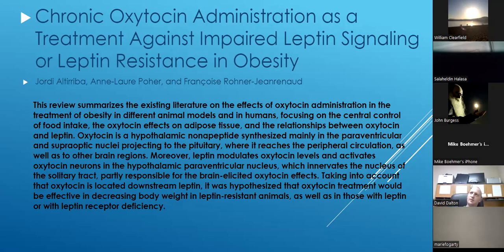Okay, so what will happen when those patients have what we call leptin problems or insensitivity? We know that when we eat food, especially when the food contains fat, they release leptin, and then the leptin goes to the brain and it stimulates the release of oxytocin.